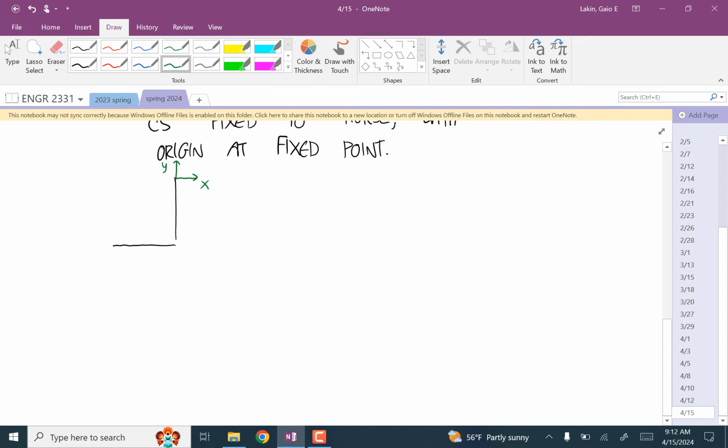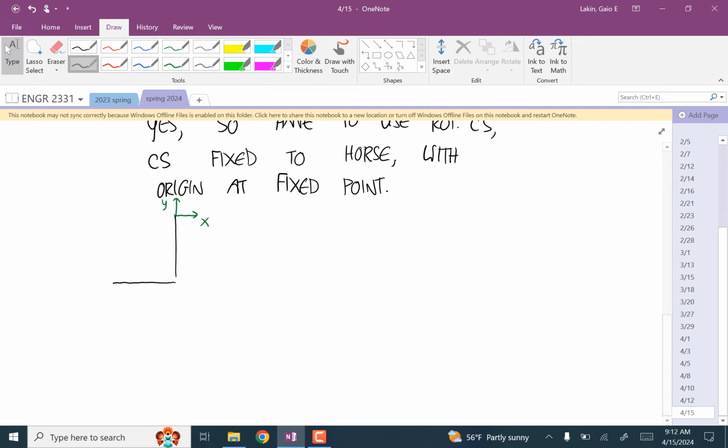Okay. And now that means that capital omega and capital omega dot are motions of the horse.